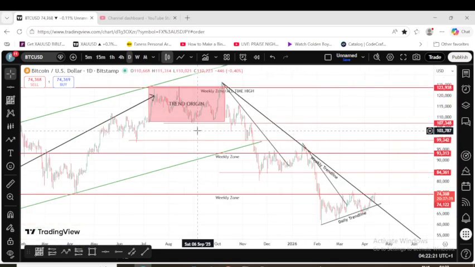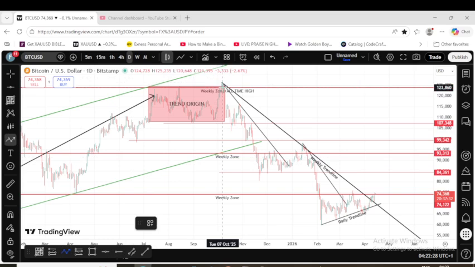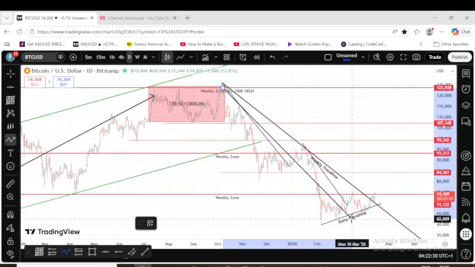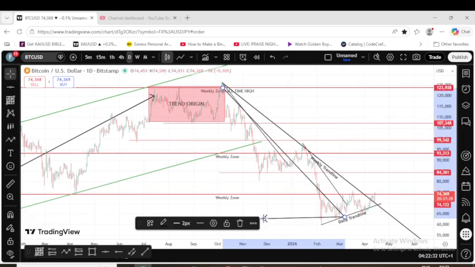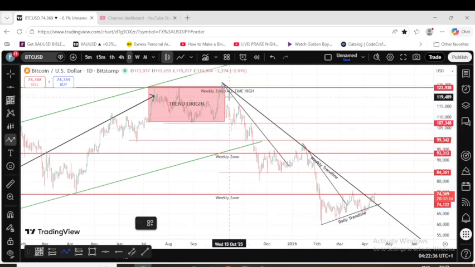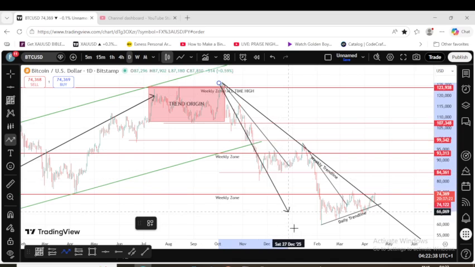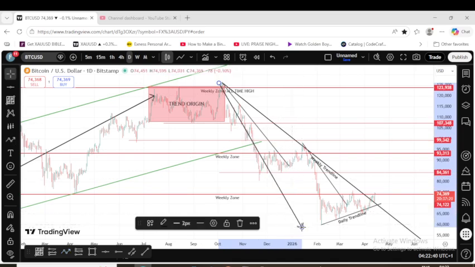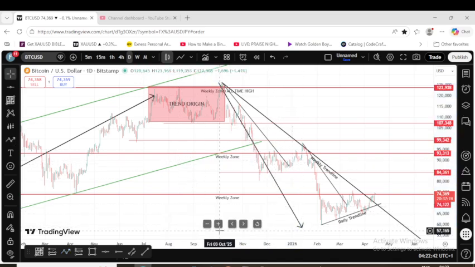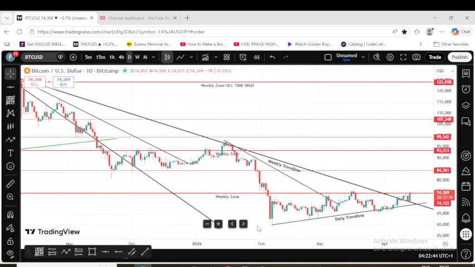Since price entered this red box, price has switched from being in an upward trend to being in a downward trend. So that's how we identify our trend origin.